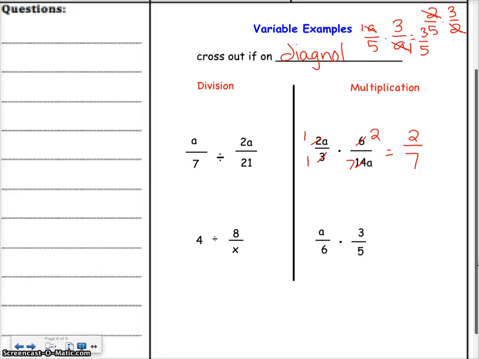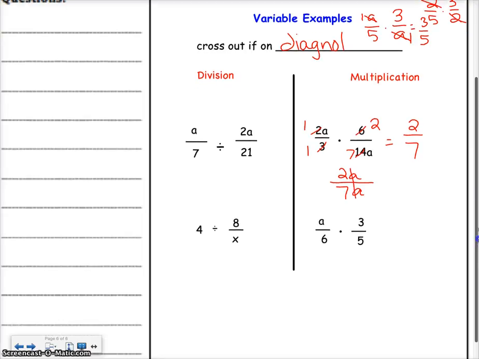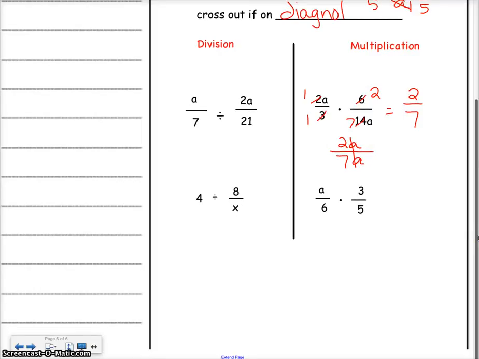So now this is 1a, so 1a times 2 would be 2a left over bottom times bottom. 1 times 7a is 7a. And then you should be able to distinguish that the a's would cancel out and you'd be left with 2 over 7. So 2 different strategies for doing it if you don't like cross-simplifying them in the beginning.